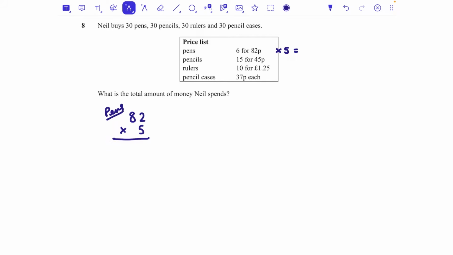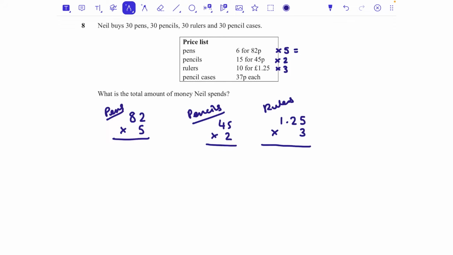Then pencils, 15 pencils is 45p. We need to times that by 2 so that we get 30. So we're just trying to get 30 of each. 45 times 2. Rulers are 10 for £1.25, so we need to times that by 3 to get 30. So rulers are going to be £1.25, and we're going to times that by 3 because we want 30.